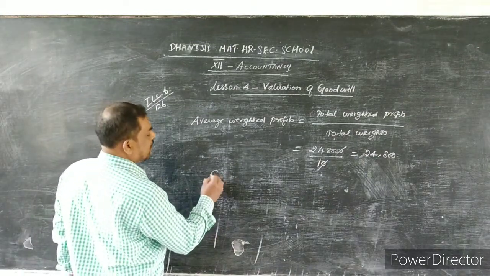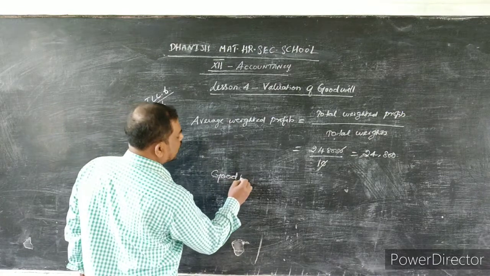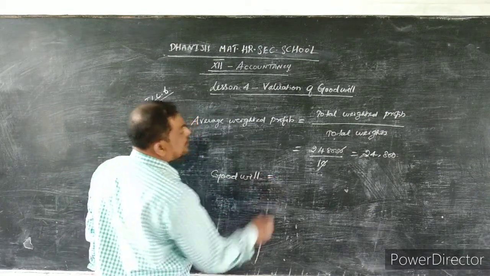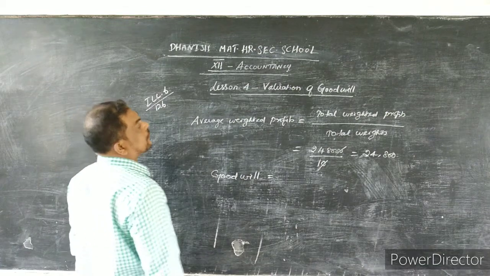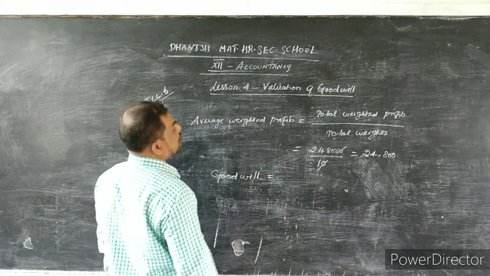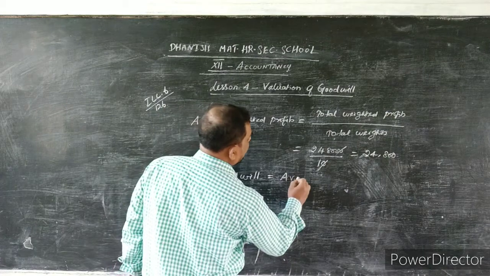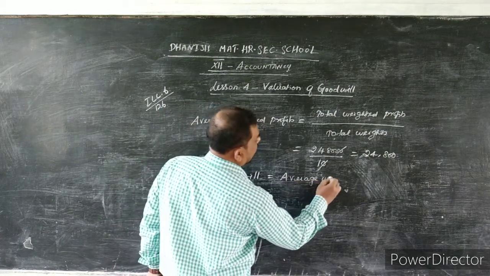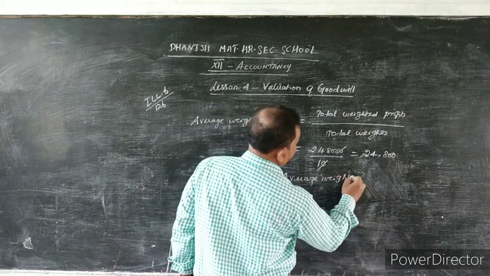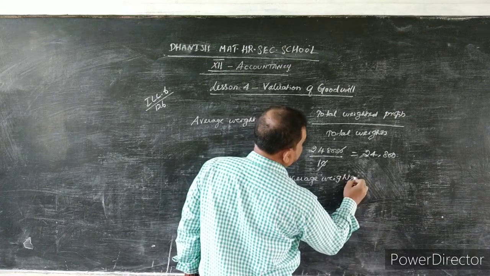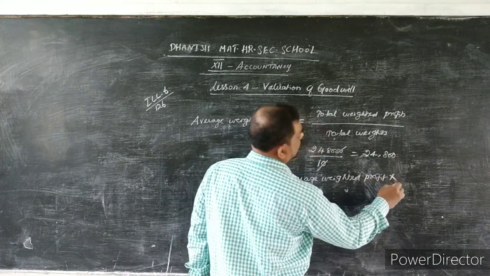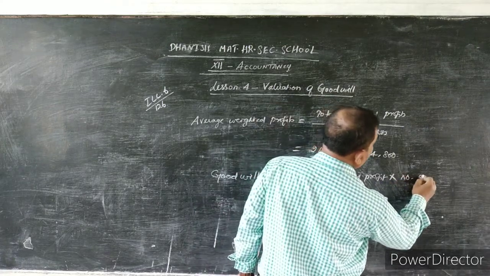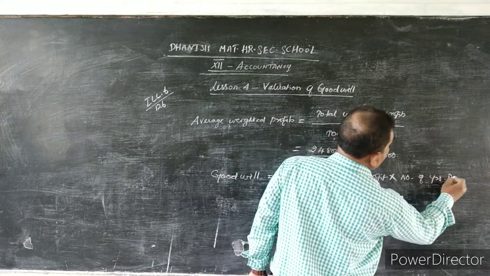After calculating average weighted profit, we have to calculate goodwill. What is the formula for calculation of goodwill under the method of average weighted profit? Average weighted profit into number of years purchase.